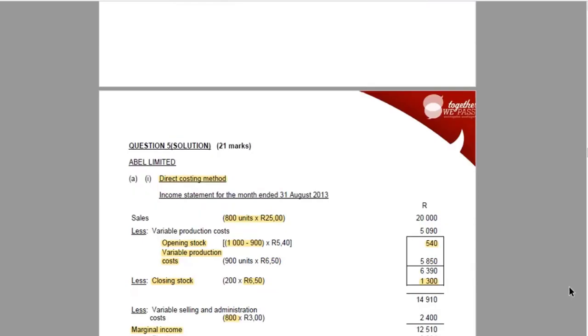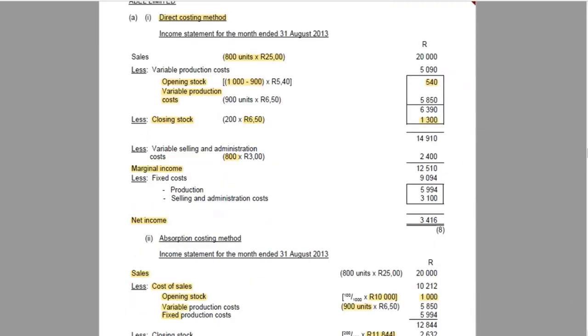But direct and absorption costing, you guys need to be able to do it with your eyes closed. Just be able to do it well. We've already covered 2 different ways that they ask it. We've done one where it was under weighted average. Today we looked at one where it was under first in, first out.